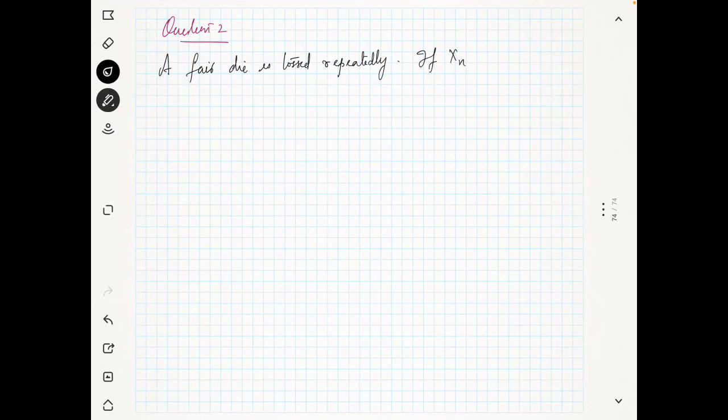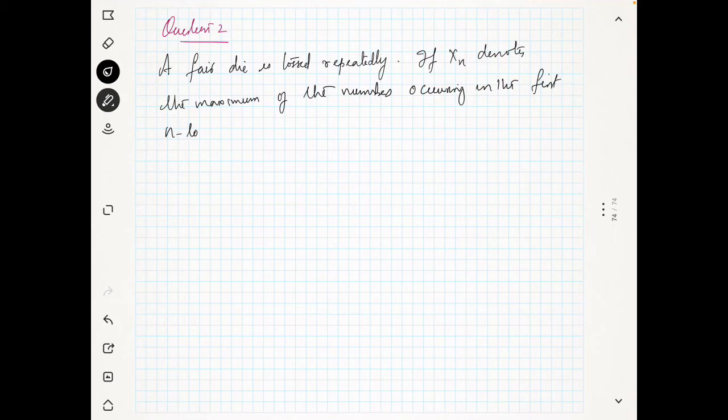If Xn denotes the maximum of numbers occurring in the first n tosses, find the transition probability matrix P of the Markov chain.